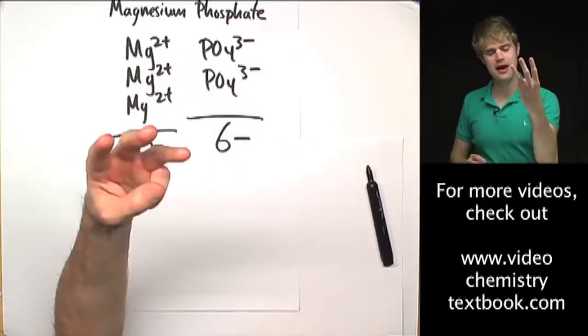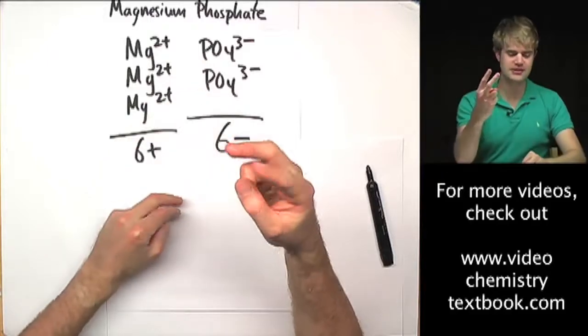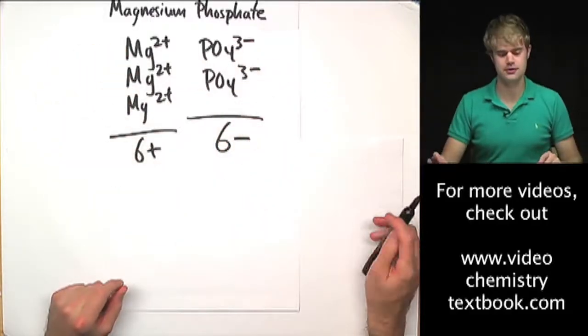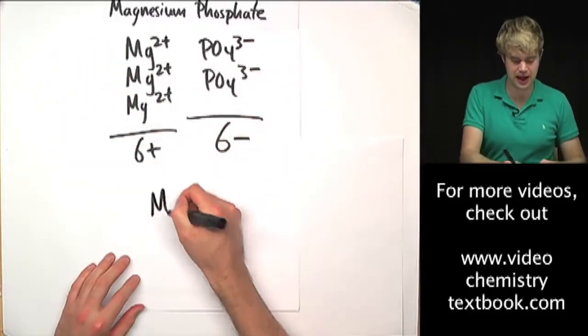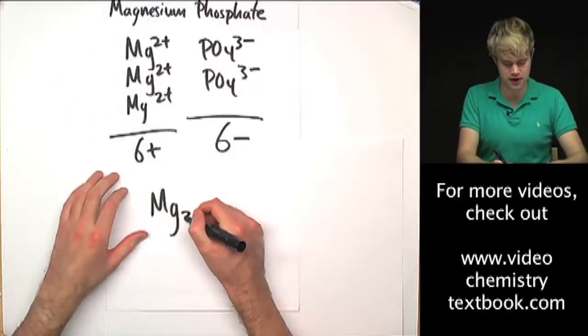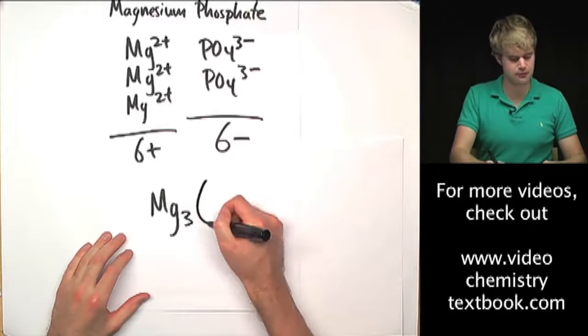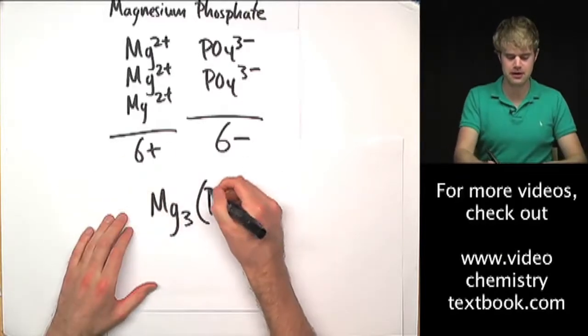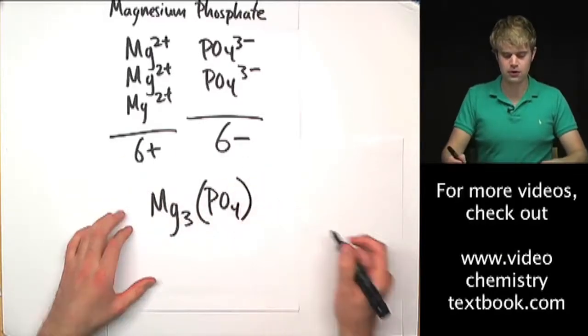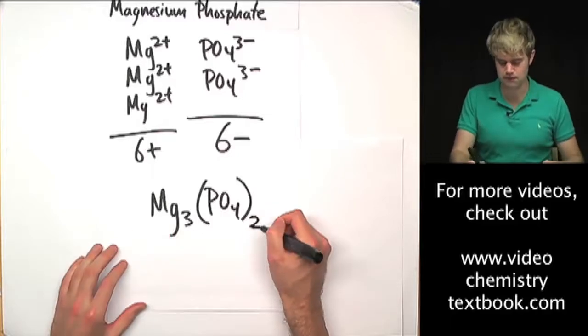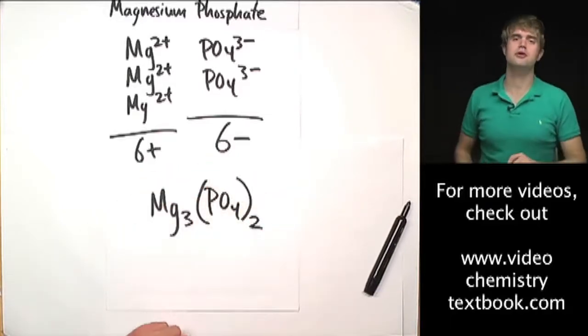So I need 3 magnesiums and 2 phosphates for these charges to balance. And now I'll write this as Mg3, and PO4. I need 2 phosphates, so I've got to break out those parentheses, PO4, multiply that whole thing by 2, so I use parentheses and put a 2 there.